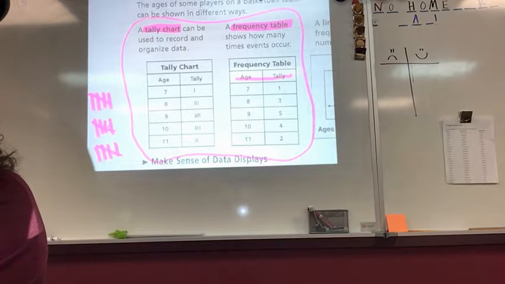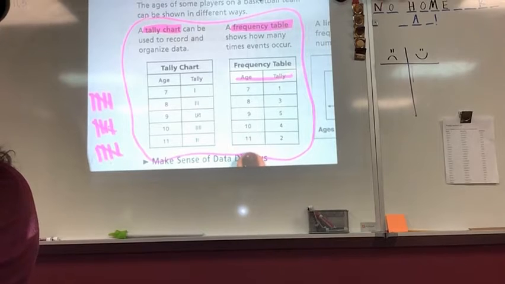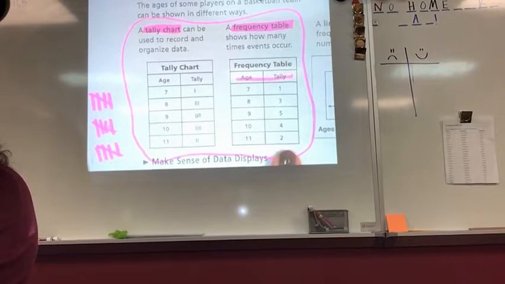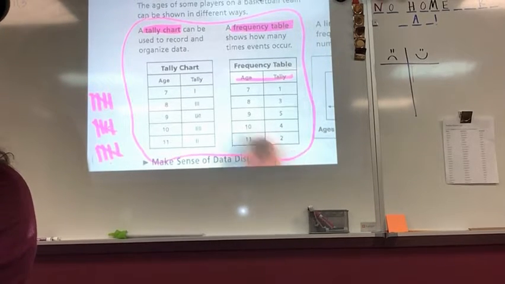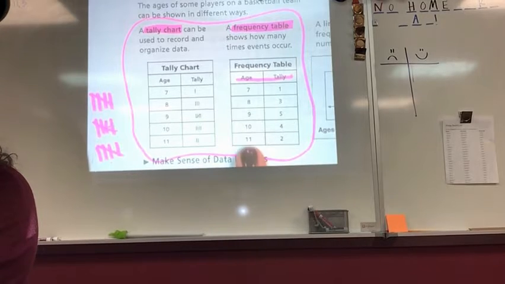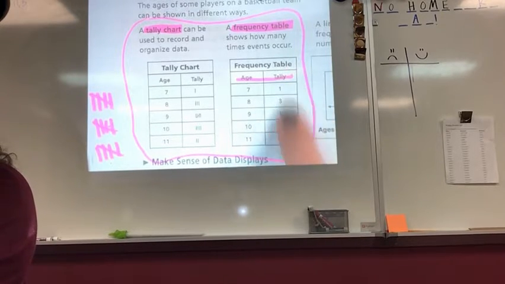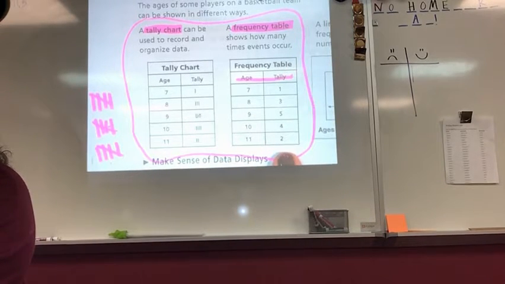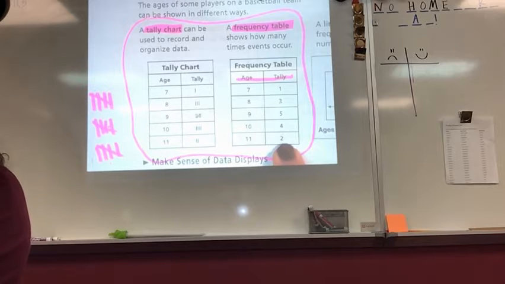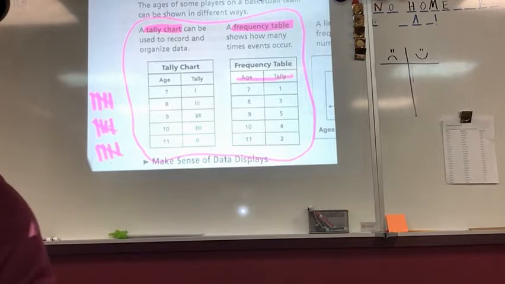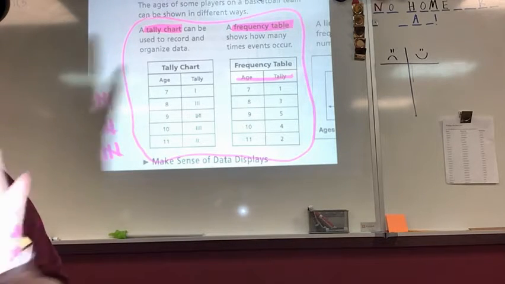Why does the 11 have 2 tallies? So they're saying that the students that are age 11, how many students are age 11? 2. So this side is how old people are, and this side is how many people are that old. Good questions. Those are smart, clarifying questions. Those are our tally and frequency charts.